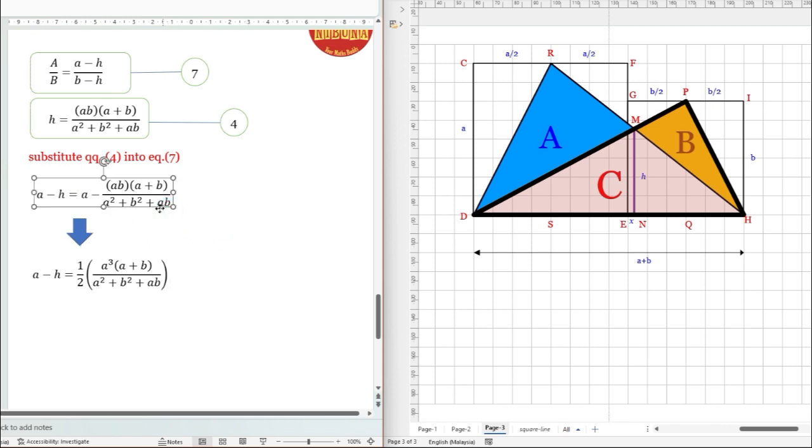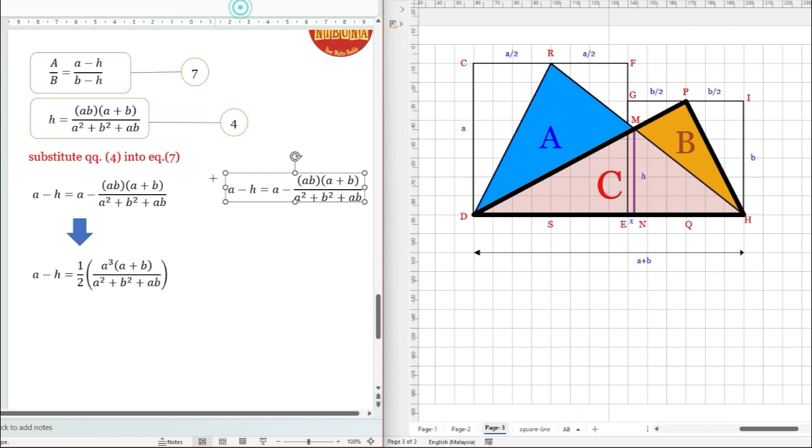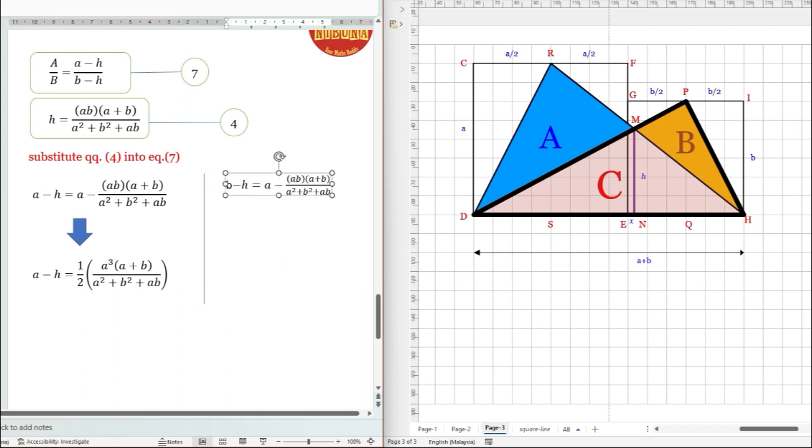You find B minus H. When you find B minus H, I make a line here. Just you put B here.